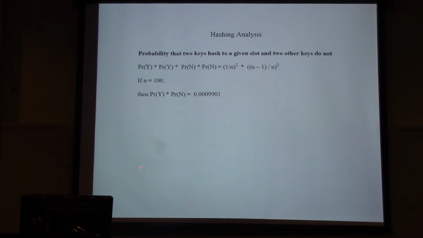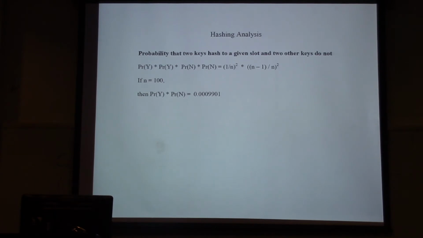And if n is equal to 100, I don't know what this is. This should be the probability of y squared times the probability of n squared. And this number is off, so I will compute the number for you right now. It's going to be 0.01 times 0.01, right? Times 0.99 times 0.99. So our real answer, do you have it?